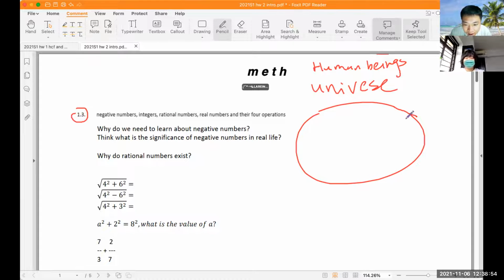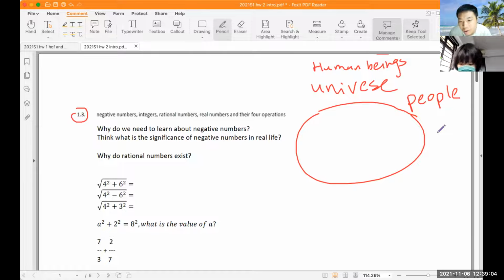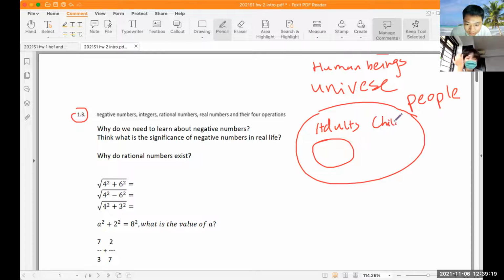everything inside, if we talk about people first. Within this people universe, what do you have? You have adults and children. You have adults, and then you also have children.